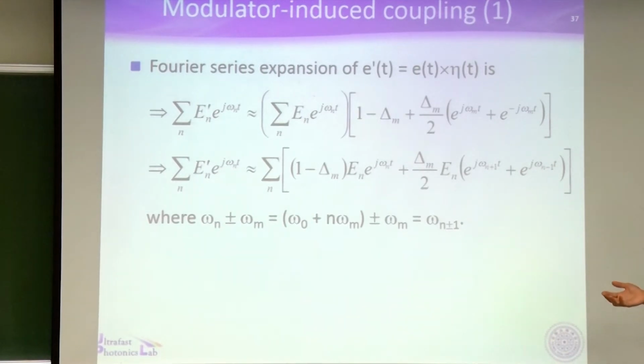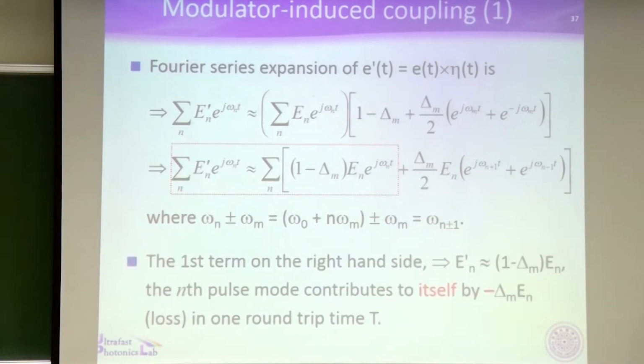Now you see omega n plus 1 and omega n minus 1, the mode frequency of two side modes. So if you observe the first term on the right-hand side, which is here, there is no coupling because the left-hand side is omega n, right-hand side is also omega n.